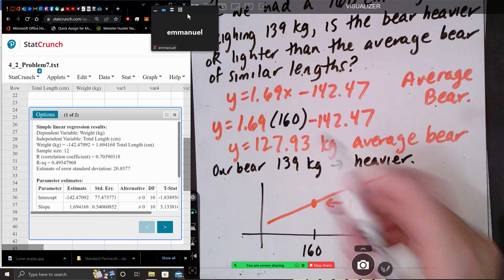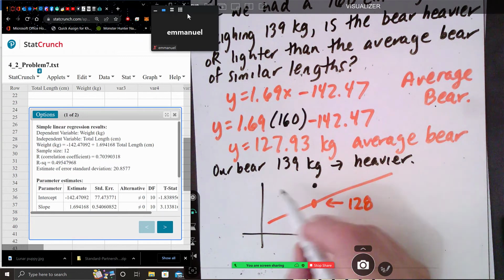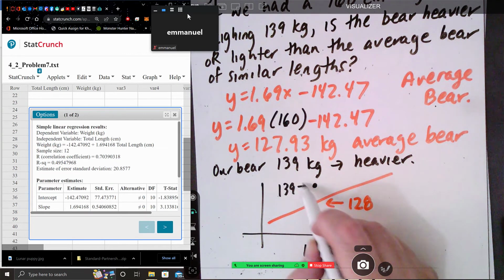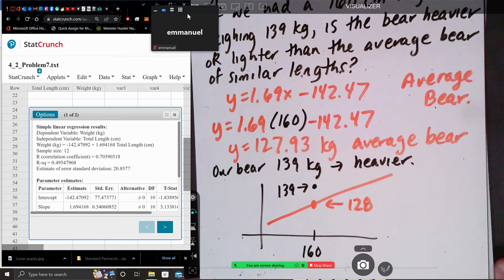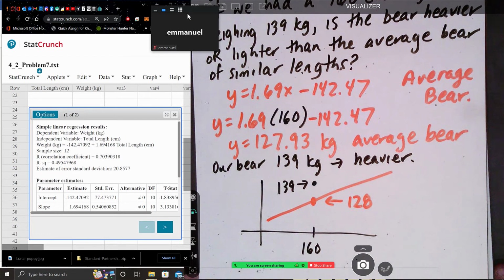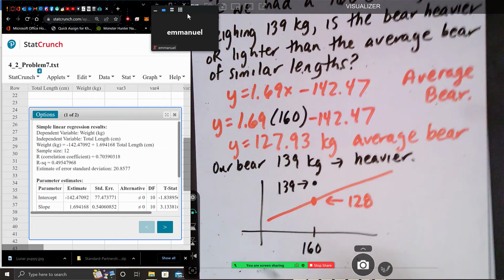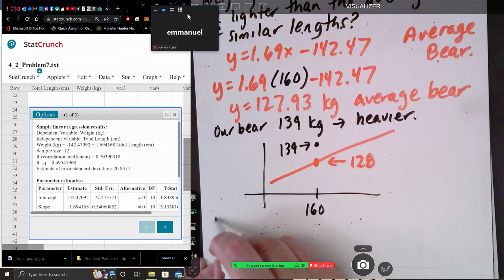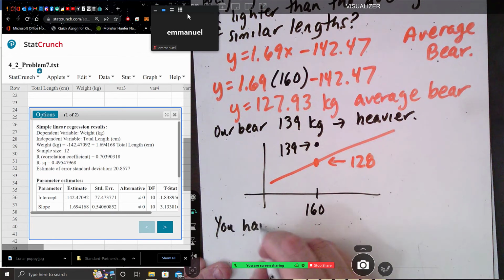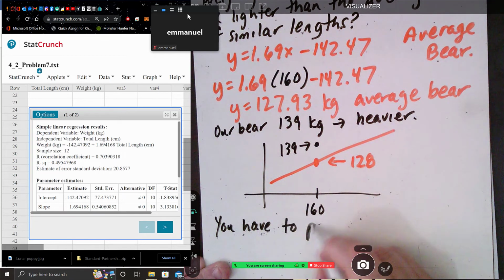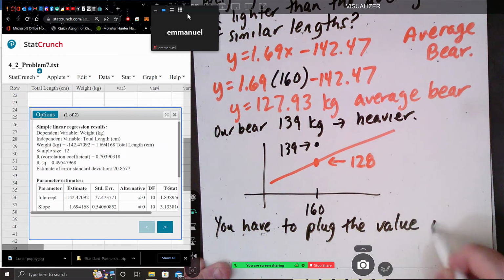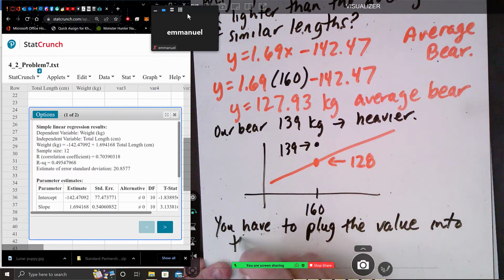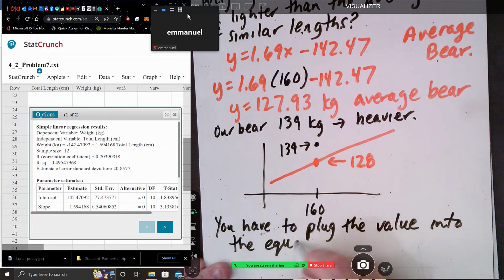And our bear was a little bit higher at 139. So he's above the line. He weighs more. But notice you have to plug the value into the equation to find the average bear's weight.